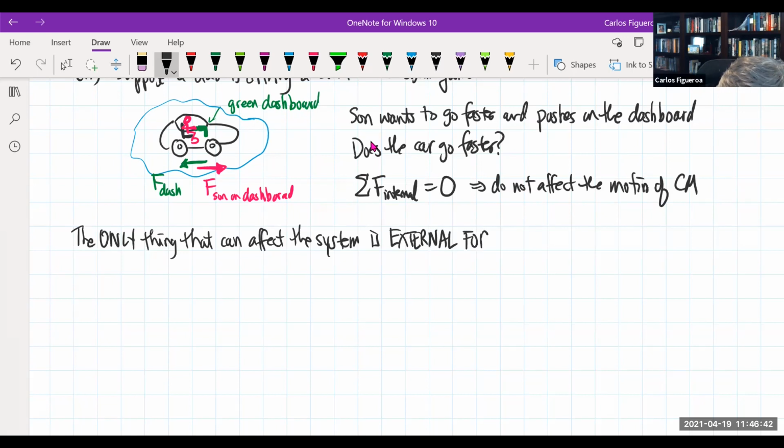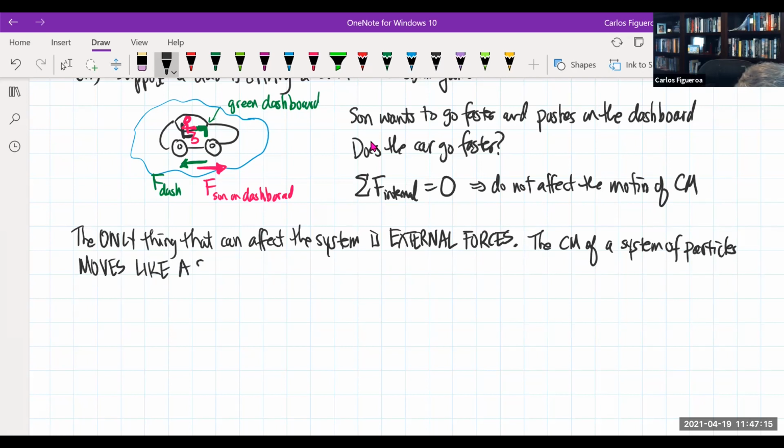So if that's the case here, what we say is that the center of mass of a system of particles moves like a single particle.